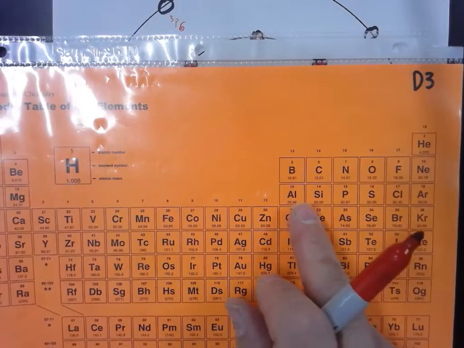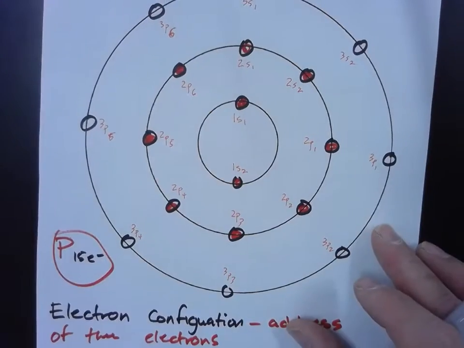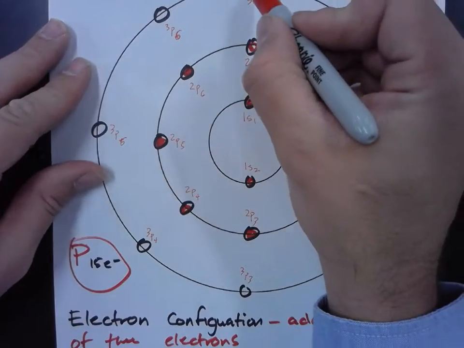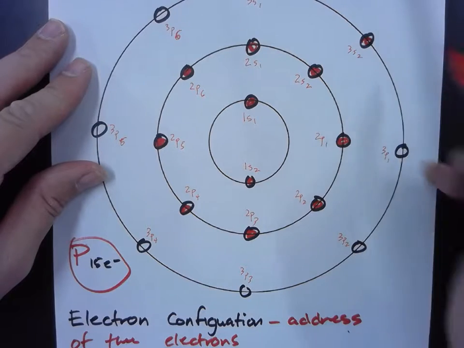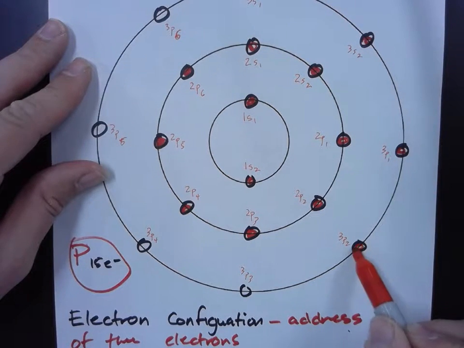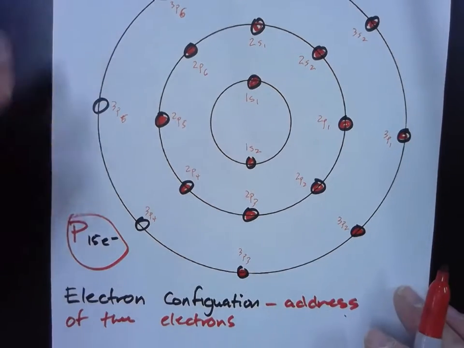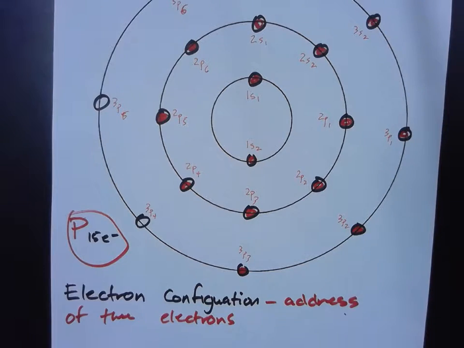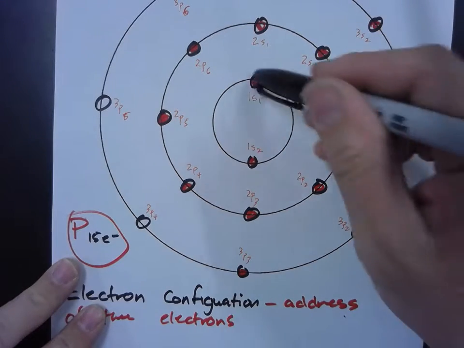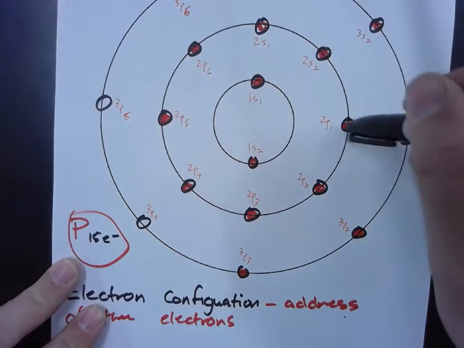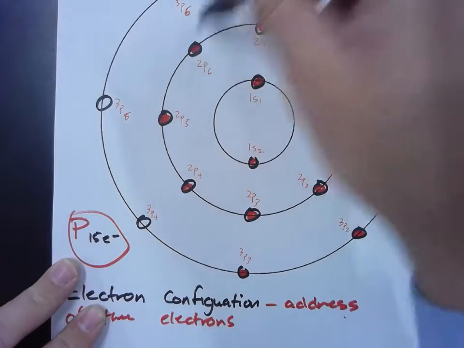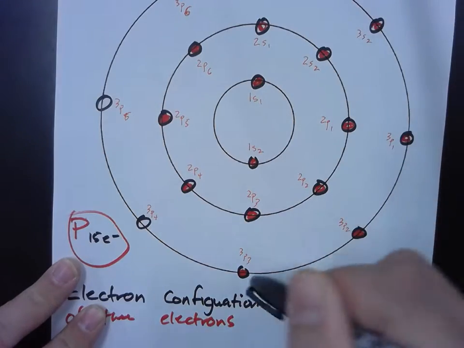We're going to go to 3p, 1, 2, 3, aren't we? Let's see. 3s1, 3s2, 3p1, 3p2, and 3p3. That should be it. Let's count them. 1, 2, 3, 4, 5, 6, 7, 8, 9, 10, 11, 12, 13, 14, 15.